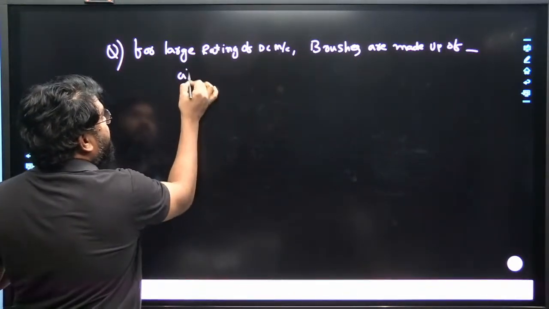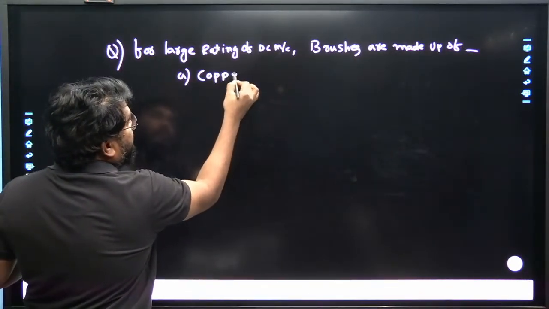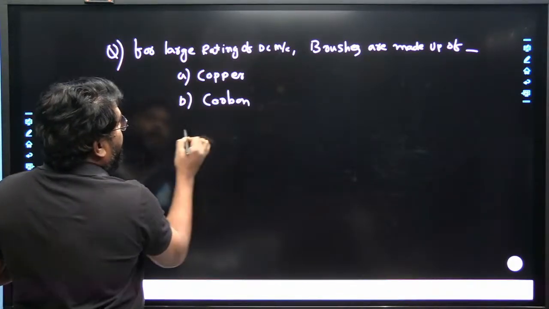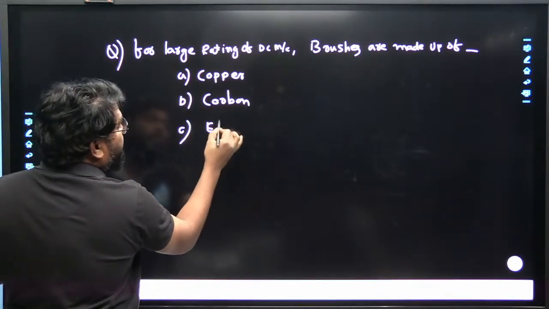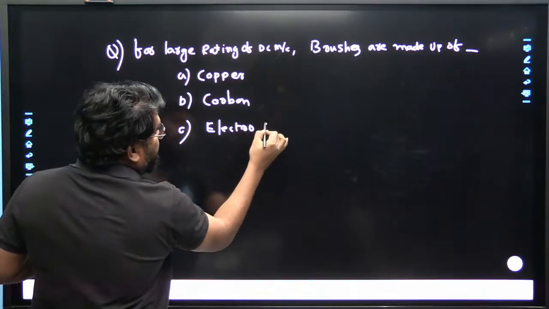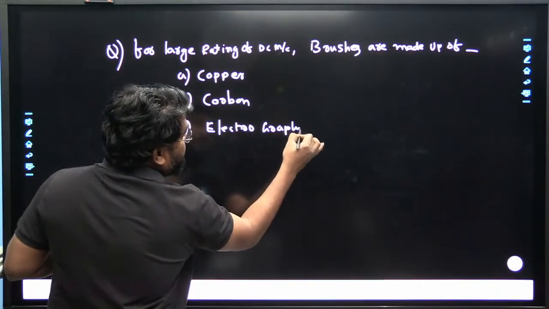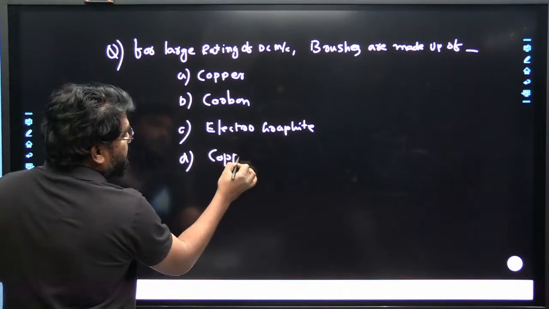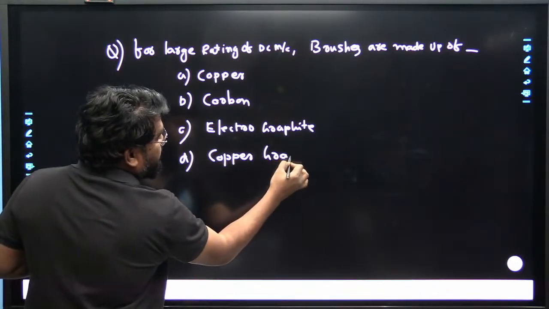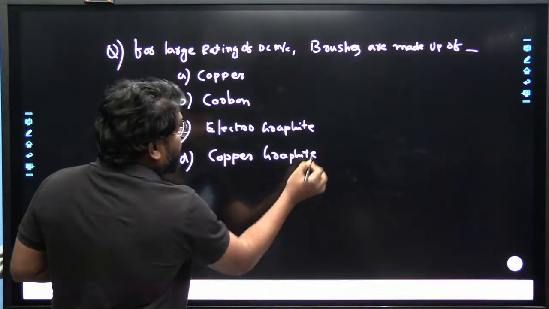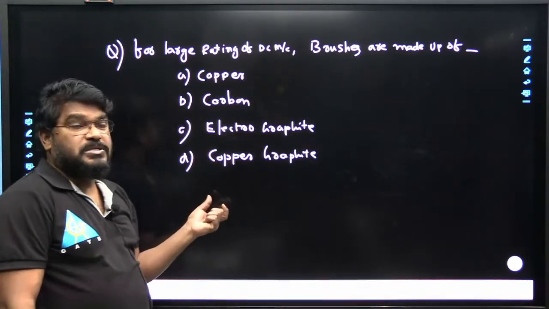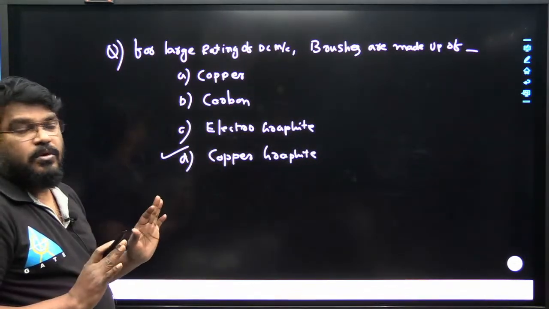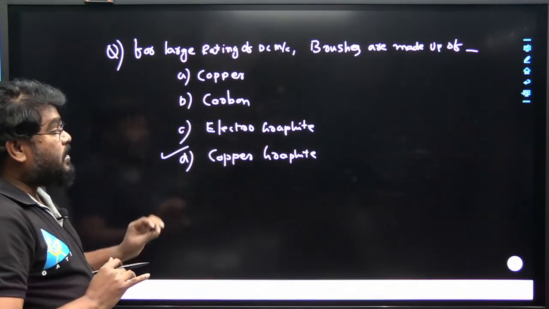Options are the same: option A copper, option B carbon, option C electrographite, and option D copper graphite. Here it is a direct question: for large rating of the machine, which one is used? Copper graphite brushes are used.